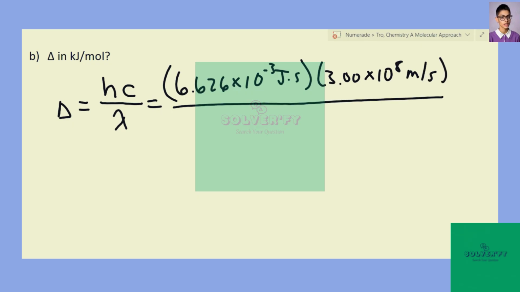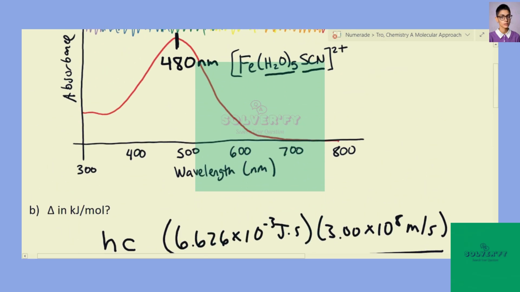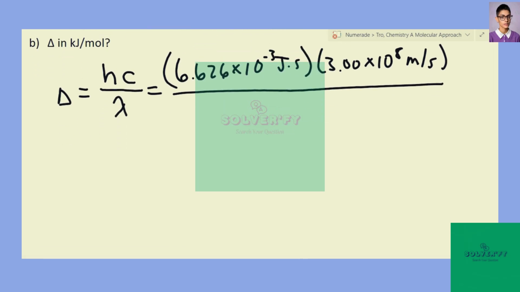And then remember that we said that the wavelength was 480 nanometers, but the units that we need here are meters. So instead of nanometers, I'm going to use 10 to the negative 9, because 1 nanometer is equal to 10 to the negative 9 meters. So notice that change in units that happens down there.